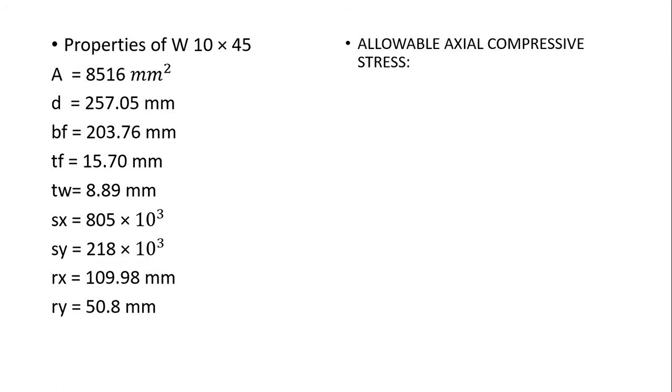So first, we need to solve the allowable axial compressive stress. So KL over R, substitute the value. So KL is 1 and the length of the column is 4 meters, which is 4,000 millimeters, over R equals 50.8. So the answer is 78.74.